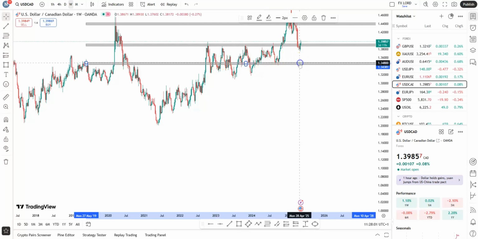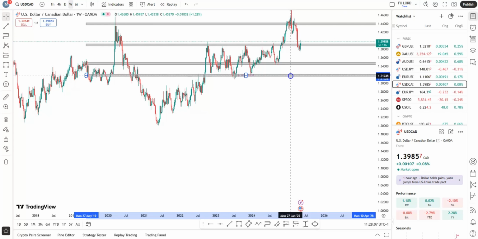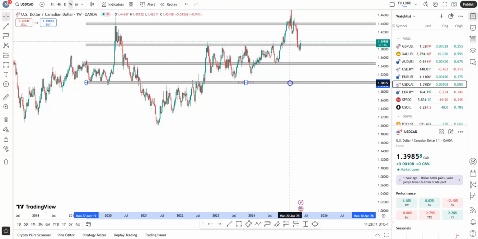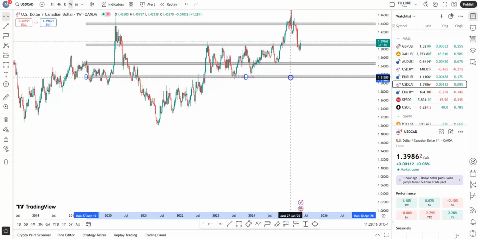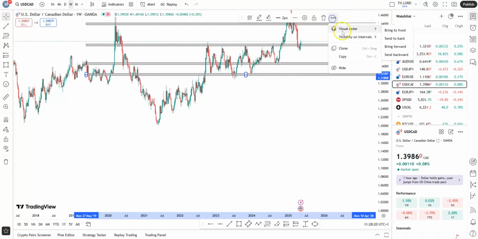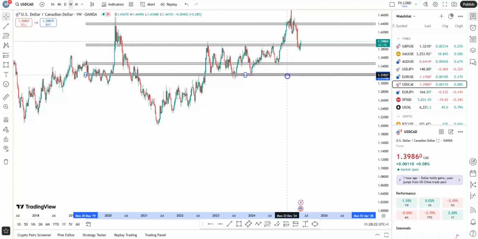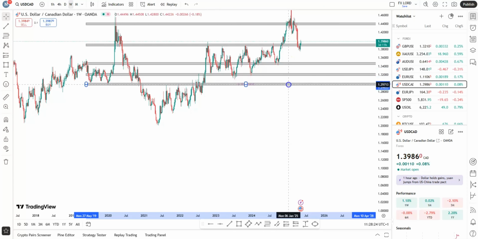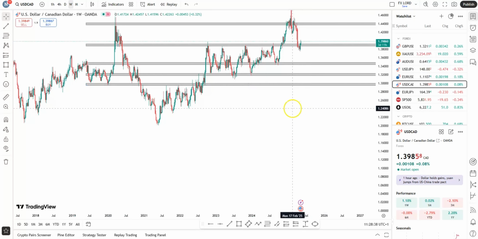So I'm just going to clone this and look for another area. I think this would be a good area. Let's put this at this area. Then clone this again and bring this to this area right here. Okay, and we are good to go.